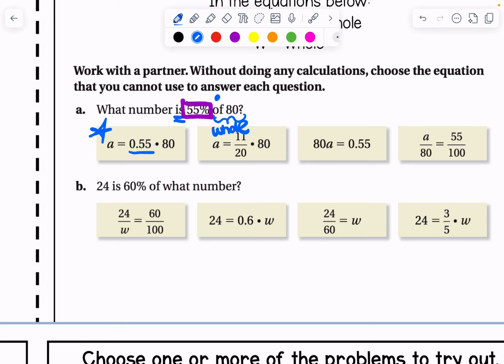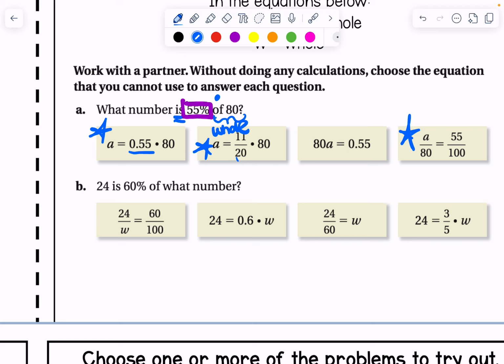If we look at the second equation, I have 11/20ths, which is also equivalent to 55%. So again, I'm taking my 55% times 80, which would give me my part. And then if we look at this last example, I have 55 over 100 because it's the percentage, and then my 80 is the whole, so it's a denominator, and I'm trying to solve for the part in that percent proportion. So that would be another way that you could do it, okay?